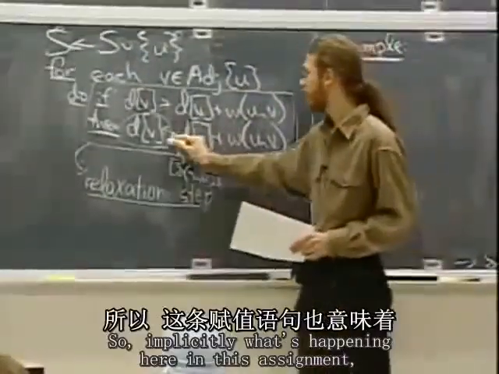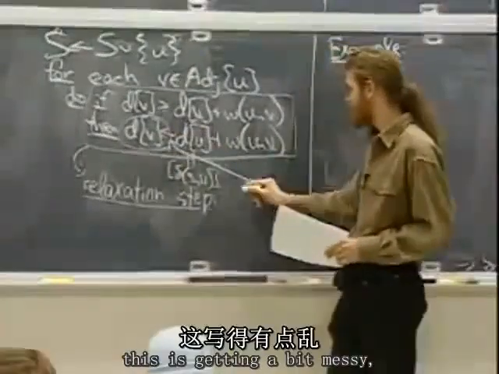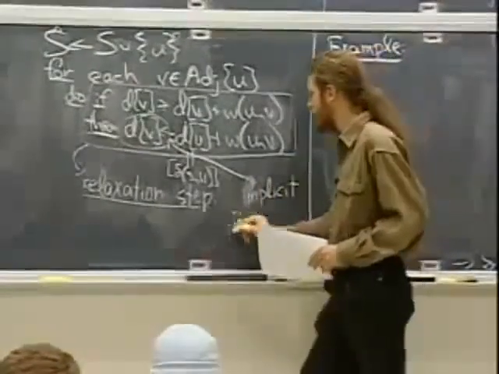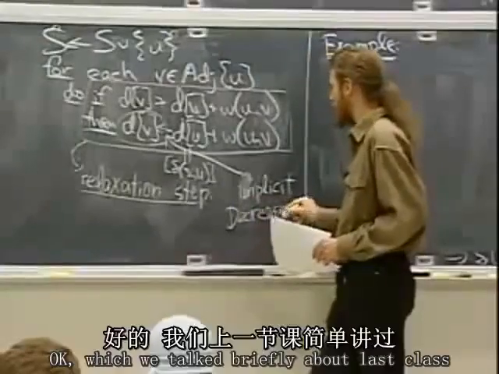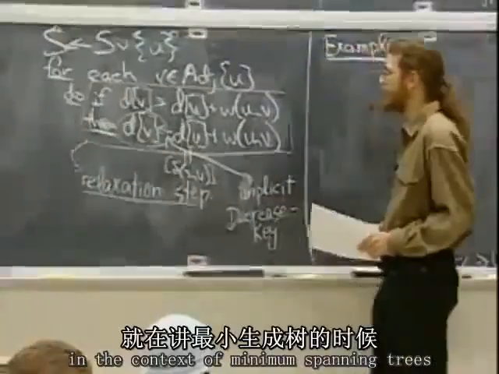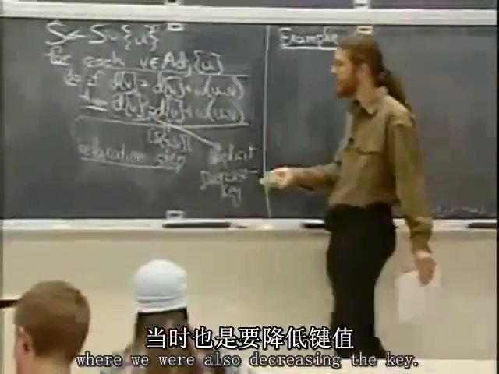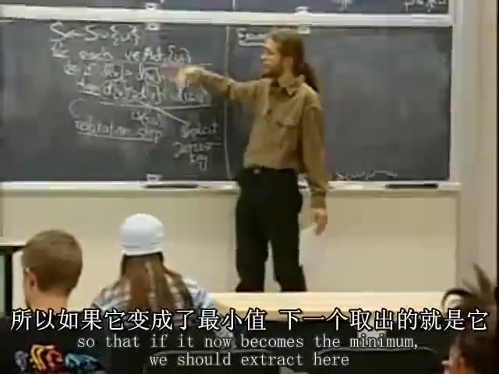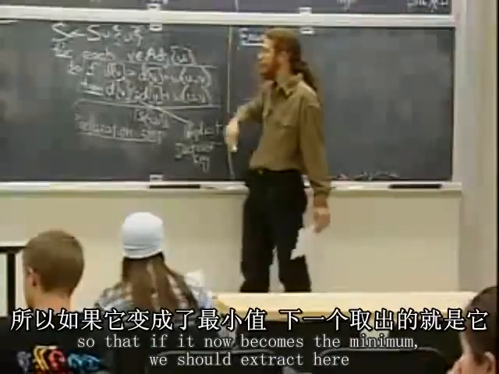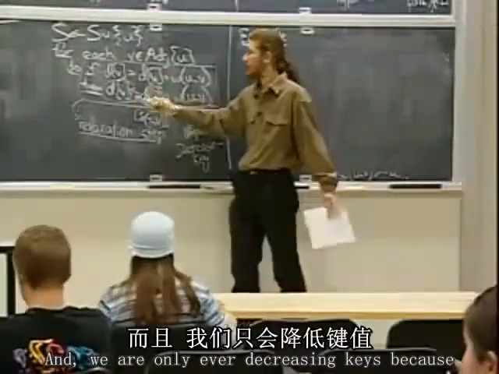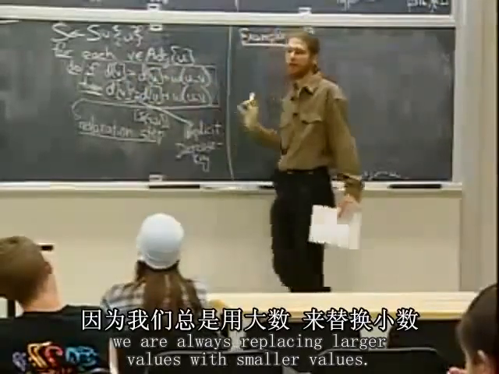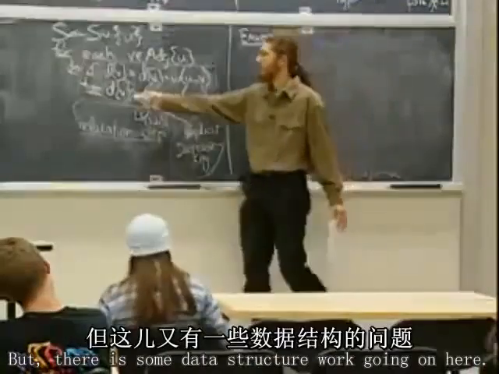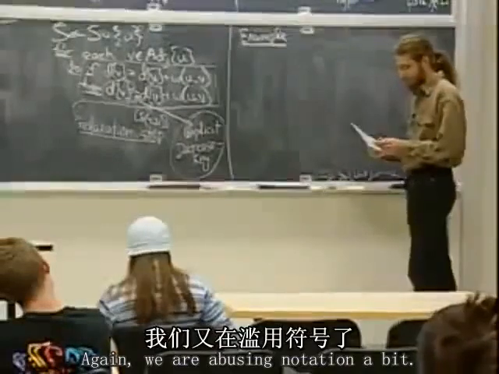So implicitly what's happening in this assignment, it's getting a bit messy, is a decrease key operation, which we talked briefly about last class in the context of minimum spanning trees, where we're also decreasing the key.